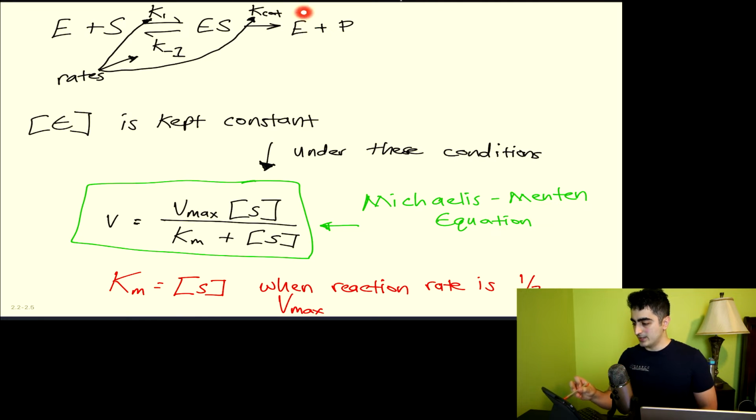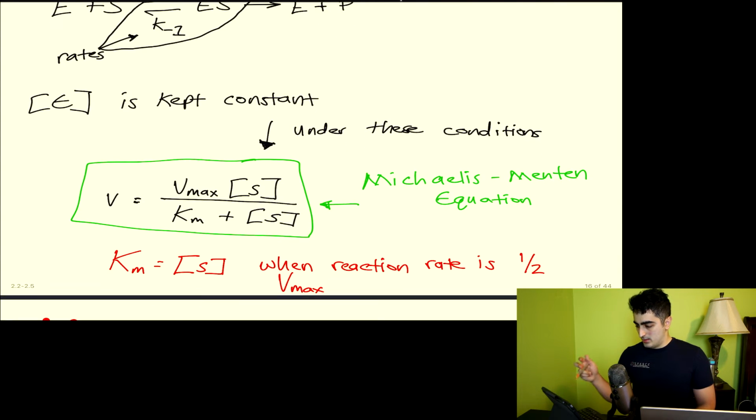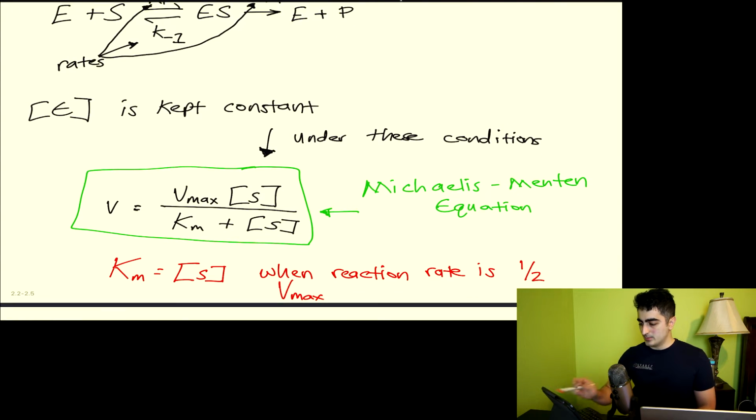And then we have a KCAT, which is the enzyme plus the product. Now the enzyme has reacted on the substrate and it's formed the product. And under these conditions, the enzyme concentration is kept constant. Under enzyme concentration constant conditions, we can follow the Michaelis-Menten equation.